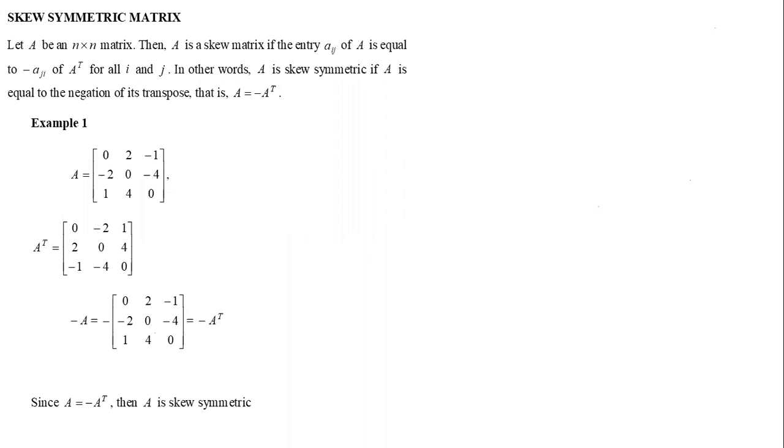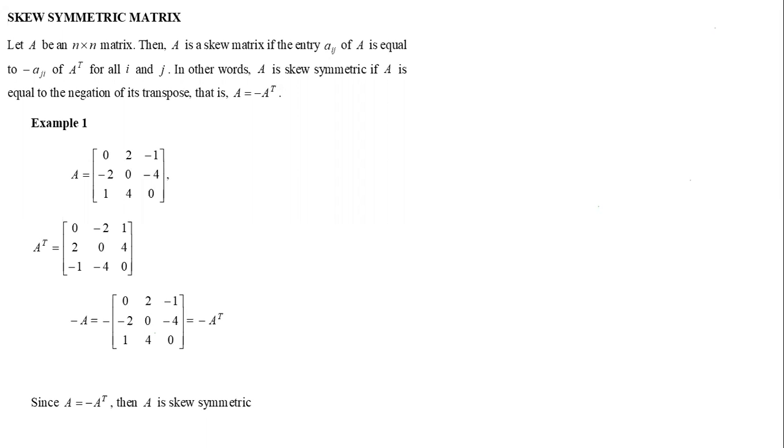If my matrix A is equal to 0, 2, minus 1, minus 2, 0, minus 4, 1, 4, 0, then if I find the matrix A transpose, it will give me 0, minus 2, 1, 2, 0, 4, minus 1, minus 4, 0. You will see that A is not equal to A transpose, so this matrix is not symmetric.